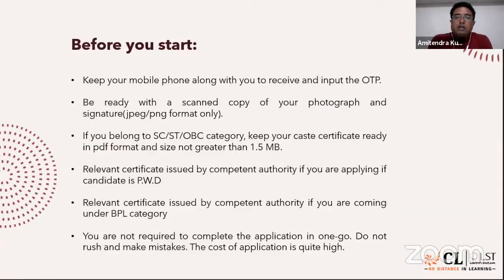So it is important that if you come from any particular category and using that category you're applying for CLAT 2021, then you must have those certificates ready. Don't take any chances that you right away upload any document and later on you can change that, because once the application is submitted, you can't make any changes and that would be considered final.